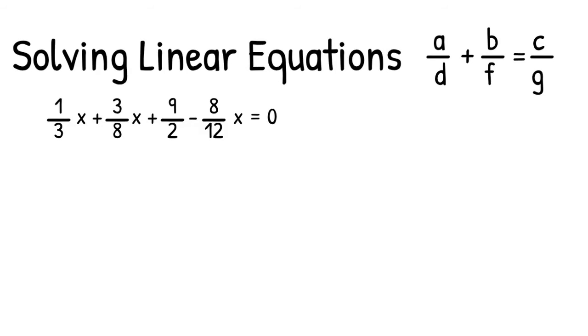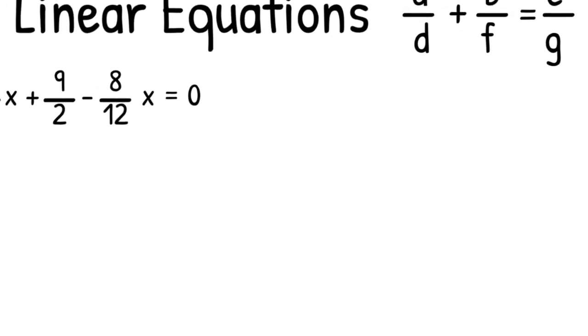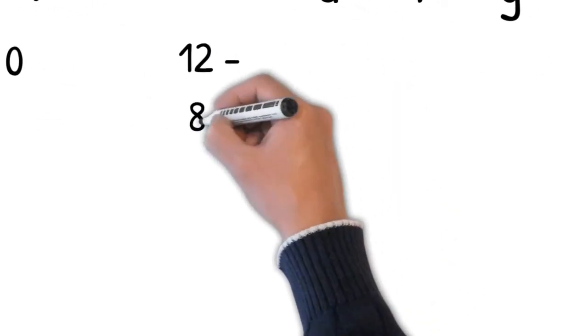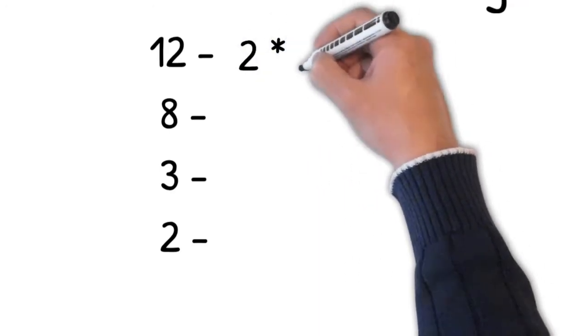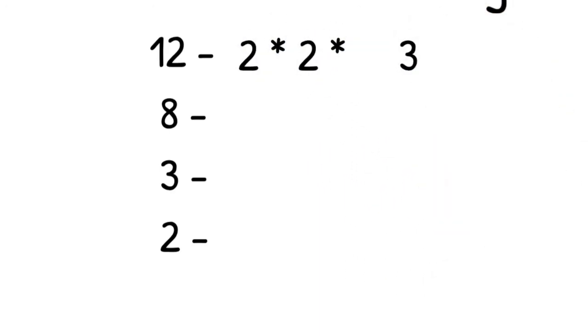Now, just like in the last equation, let us find the least common denominator for all of the fractions in the equation. We need to construct the table of primes. This time we have denominators of 12, 8, 3, and 2. The prime factorization of 12 is 2 times 2 times 3.